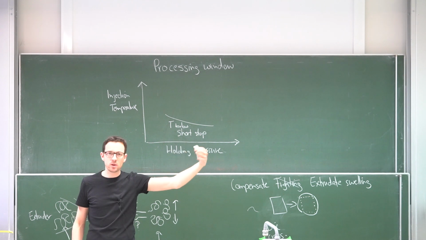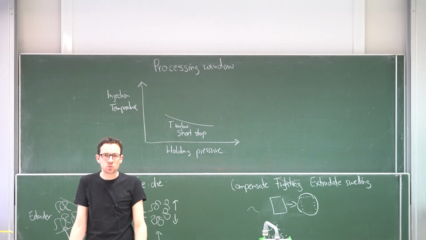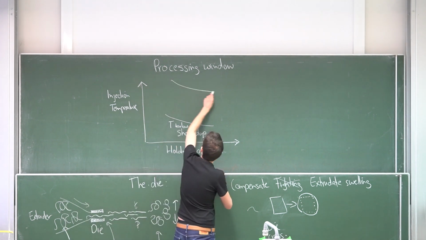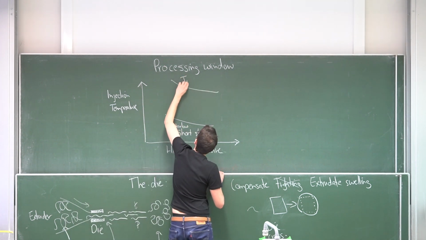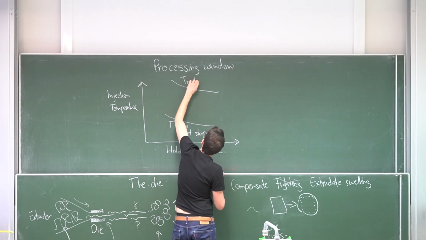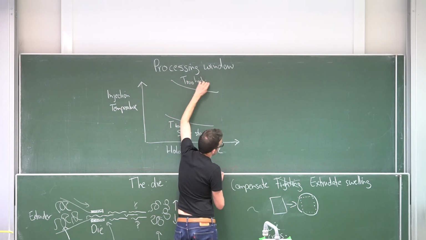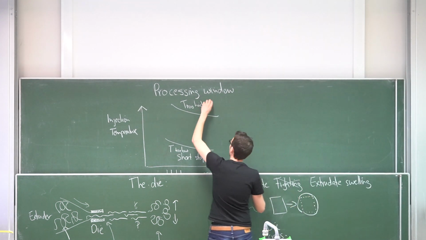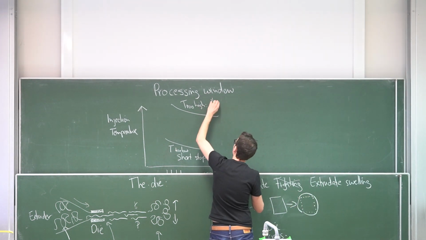Well, then we heat up more, it becomes more and more liquid, less and less viscous, and it works well. But eventually, of course, we get T too high, and then we get a thermal decomposition, so we damage our polymer.